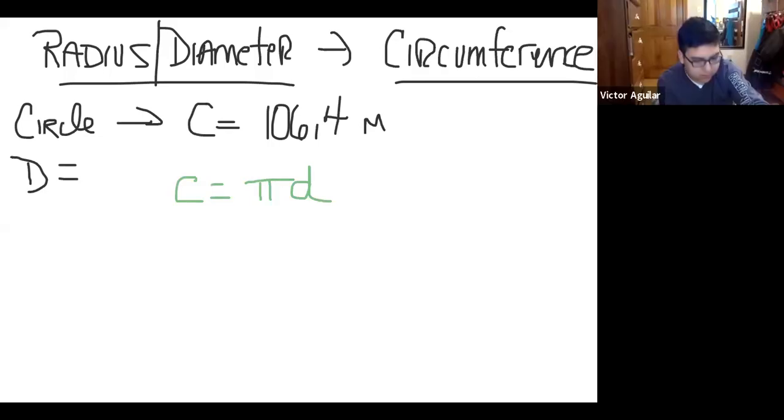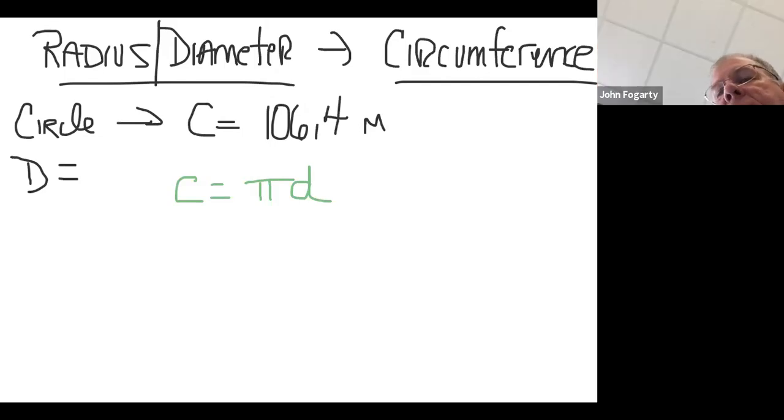Yes. All righty. So now what we did in the last problems, we knew what pi was and we knew what the diameter was, and we just multiplied them together and got the circumference. Well, here's the difference. Take what we know.